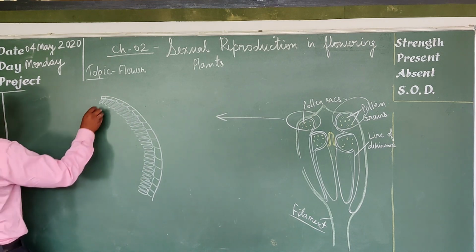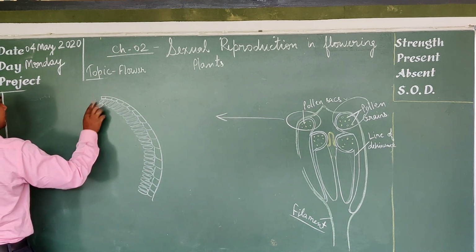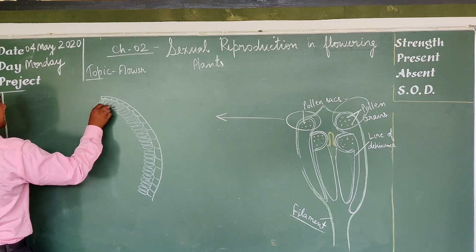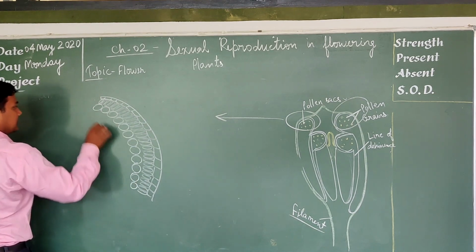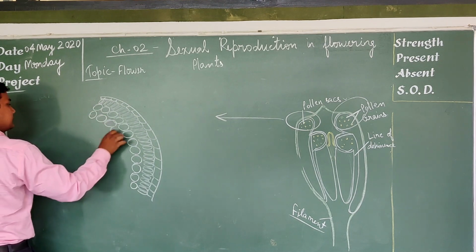Next is the middle layer. The middle layer is composed of loose parenchyma cells. They are 3 to 4 layers.